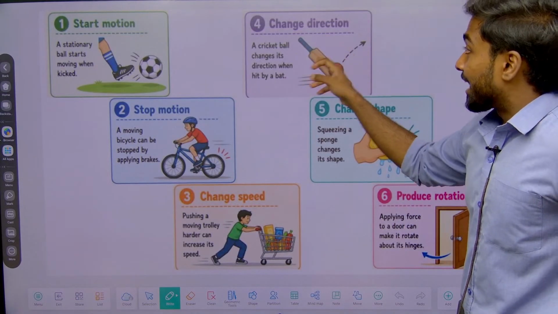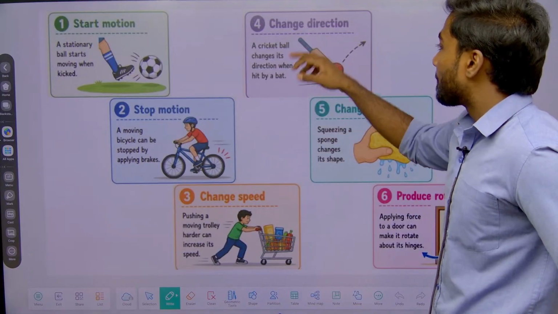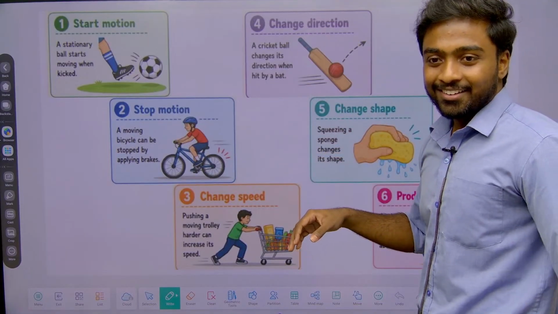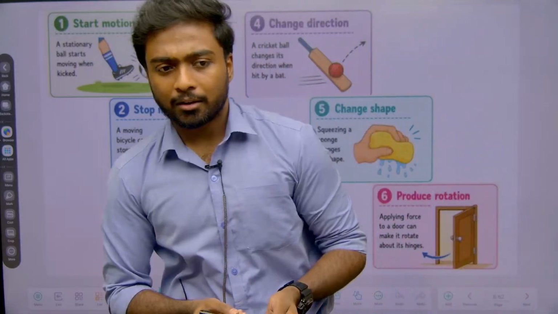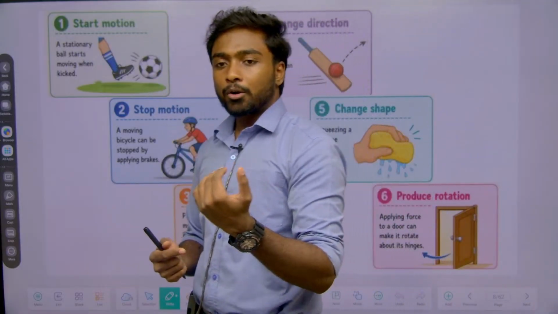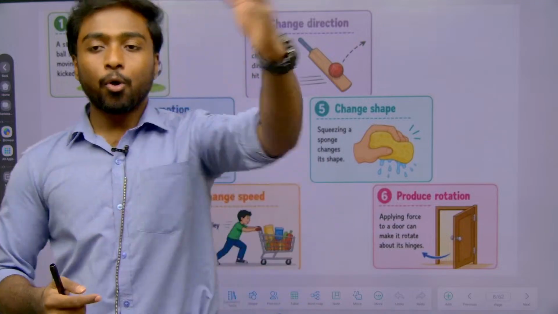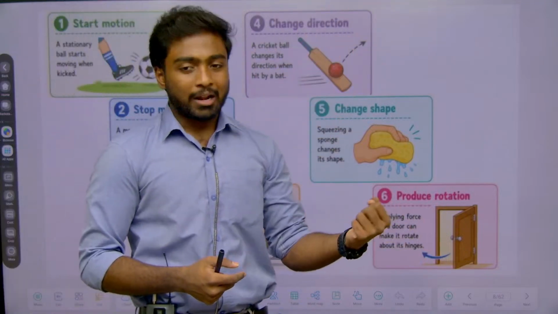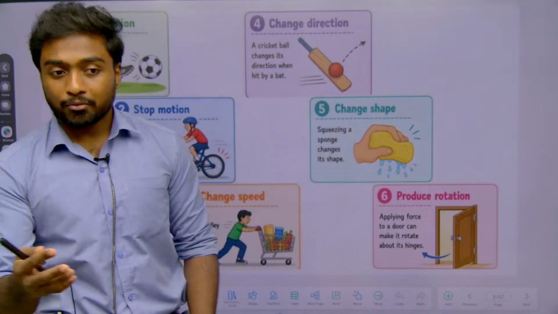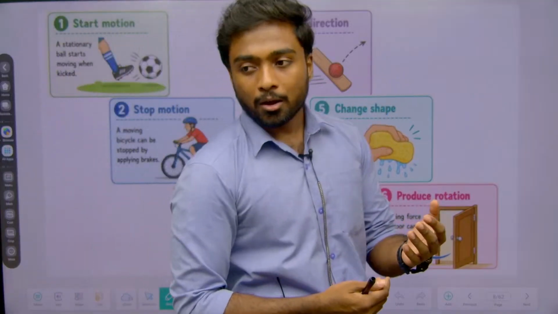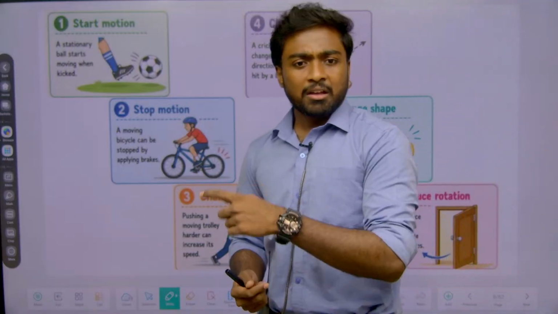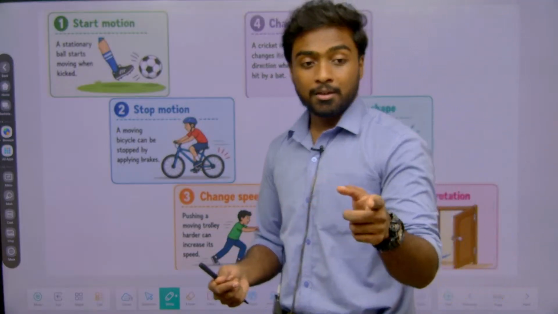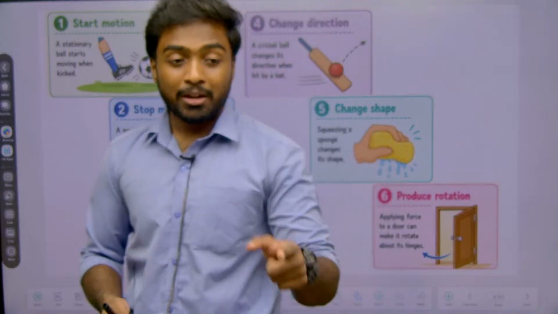So, change of direction, the best example, sir, you have given. Even in football, if I want to score a goal, what happens? You have seen one of the famous goals of Ronaldo, a bicycle kick, and also a header when he was in Juventus.